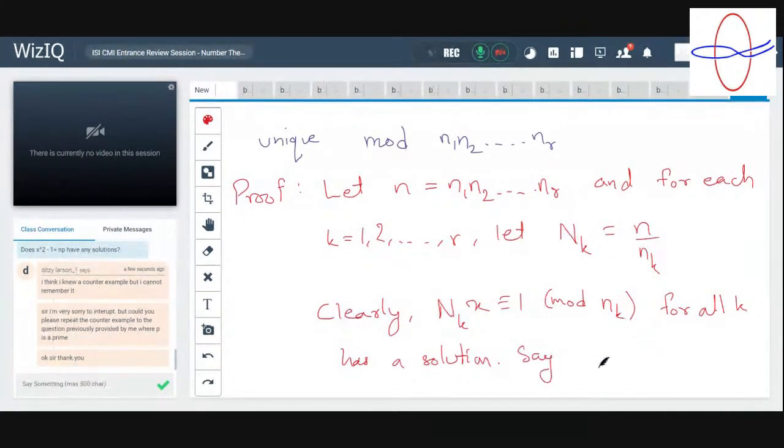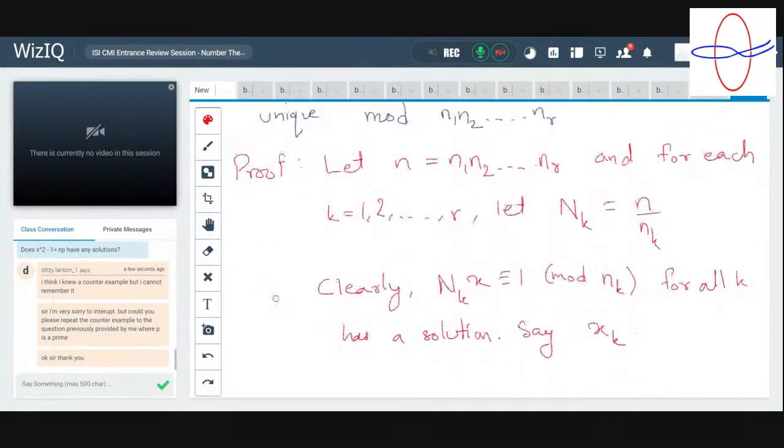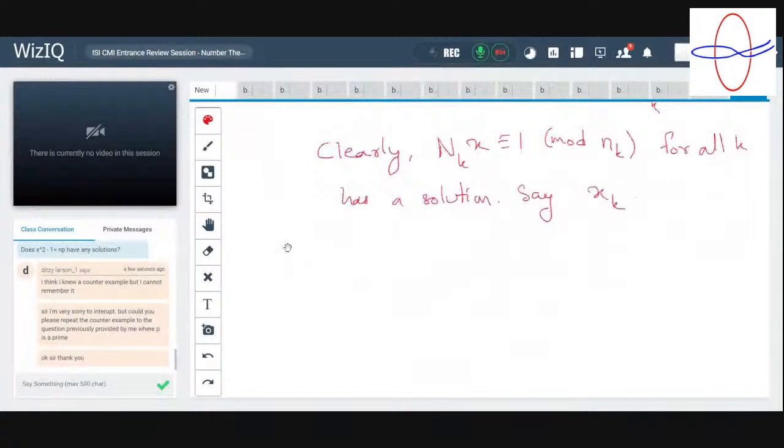Say one such solution is xk. Okay. Now you look at this number, which will be your solution to the simultaneous equation you were worried about in the first place.